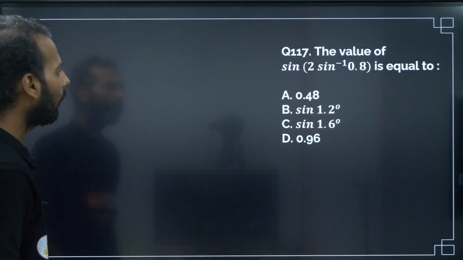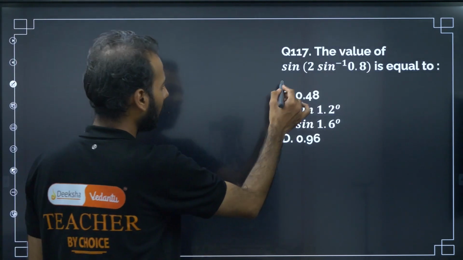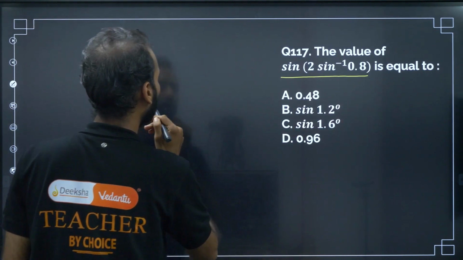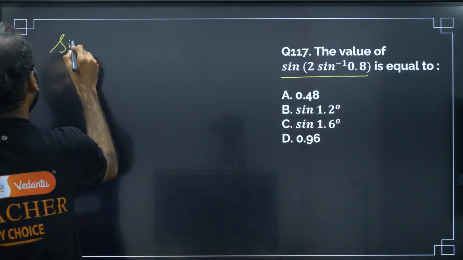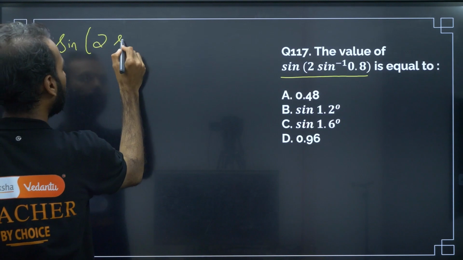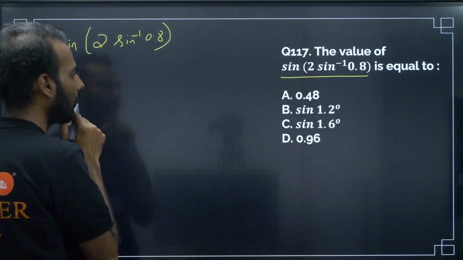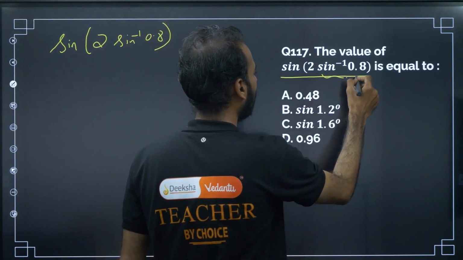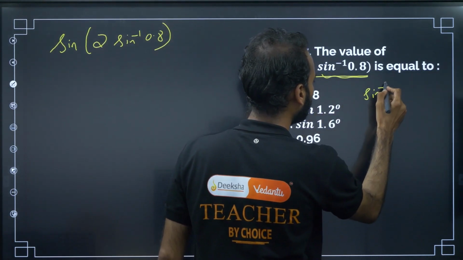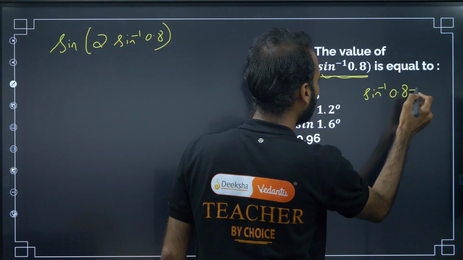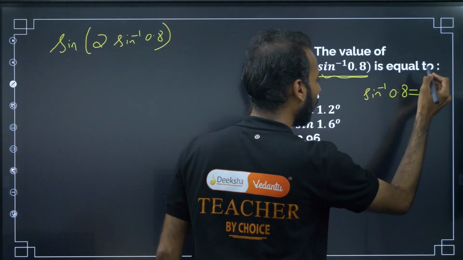Moving on to the next question. The value of sine of, they are asking to find this value, sine of 2 sine inverse 0.8. Trigonometry and inverse trigonometry, both they have combined. This is the question. So try to recall in sine inverse, generally we do like this: sine inverse of 0.8, whatever this angle is, let me name that angle as theta.